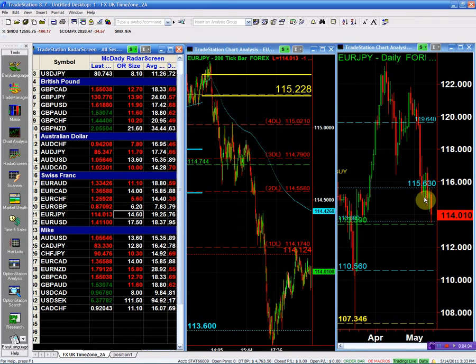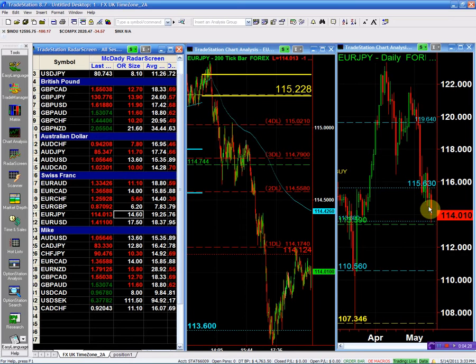And this time it made a lower low and it snapped back, but it still did not take any of these lows. But that seems to have been the pattern in the last 10 days or a week or so.